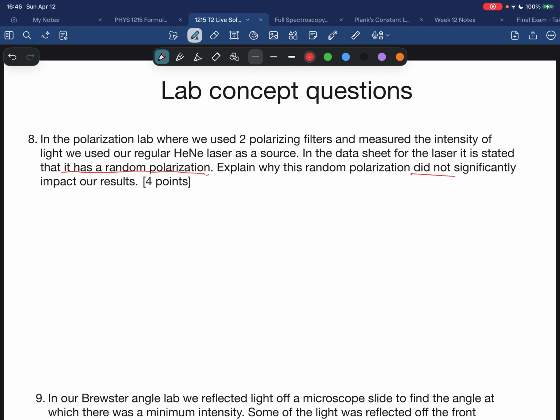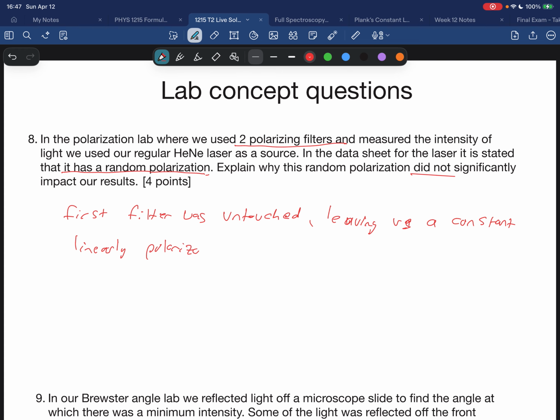The key here is that we had 2 polarizing filters. The first filter was untouched, leaving us a constant linearly polarized beam of light incident on the second filter.